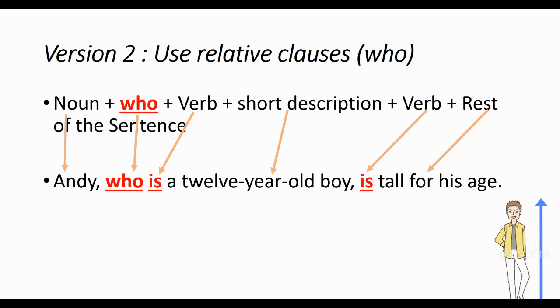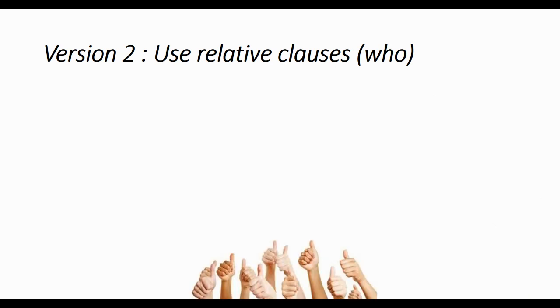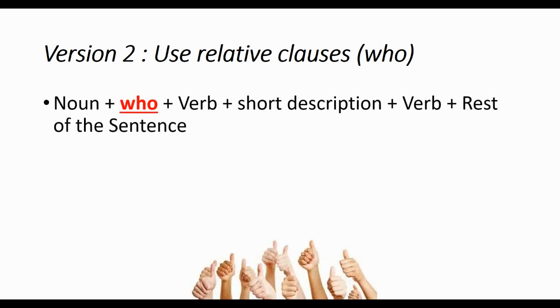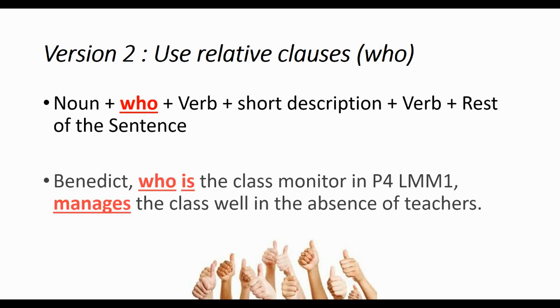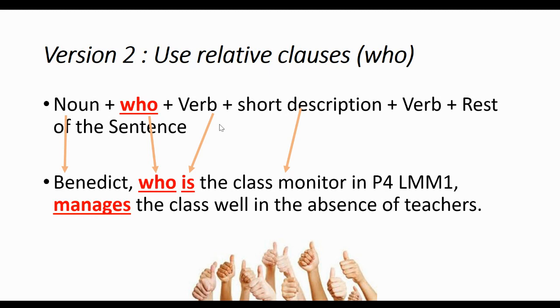Let's look at the example with Benedict. Okay, and as all of you know, Benedict is one of my favorite names to use. Okay, let's look at how we use who. Okay, Benedict, comma. So Benedict is my noun. Who? The verb is, and the short description is the class monitor in P4 LMM1.